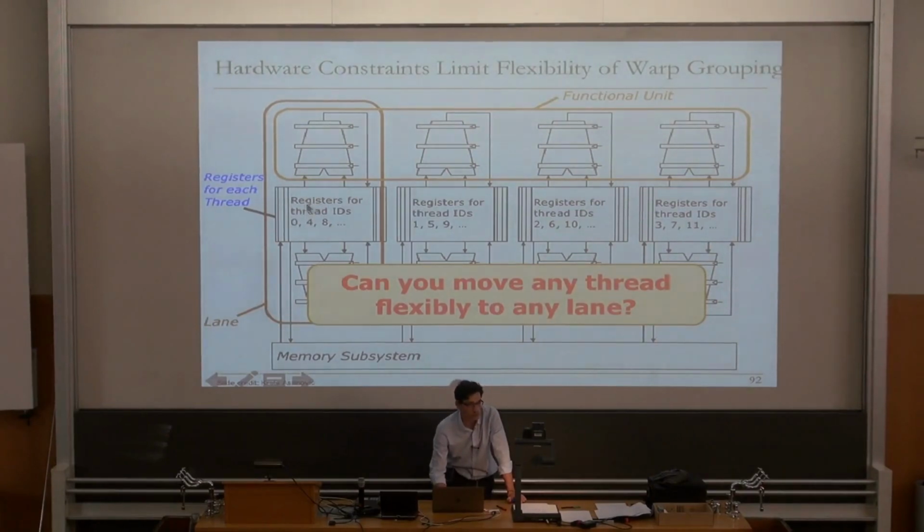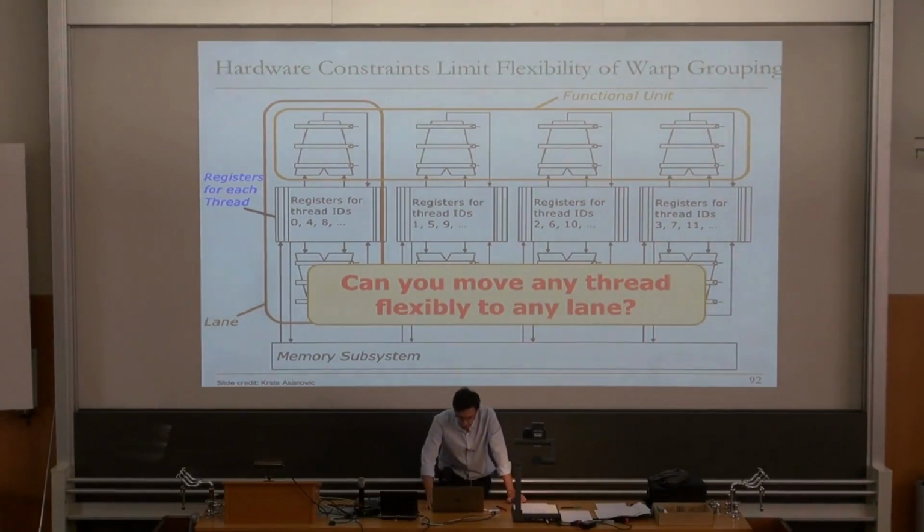Usually GPUs have maybe 128 or 256 registers per thread. So it would be quite a bit of data movement from one lane to another lane, which probably will kill all the potential benefits of doing that.